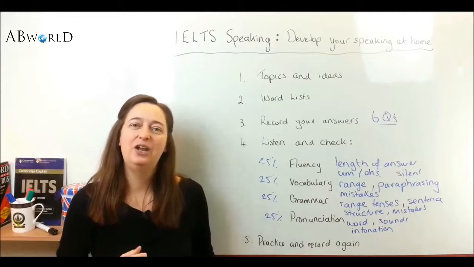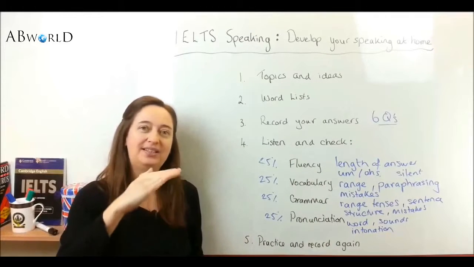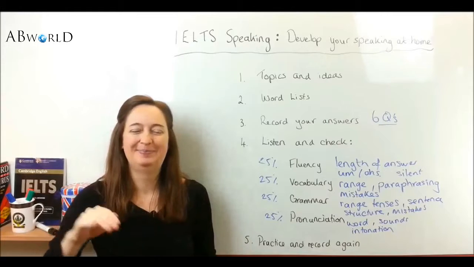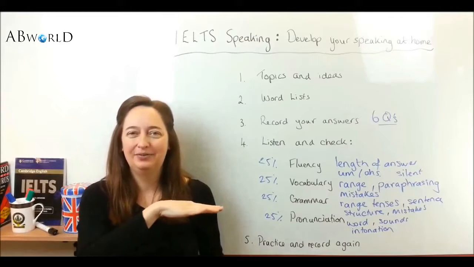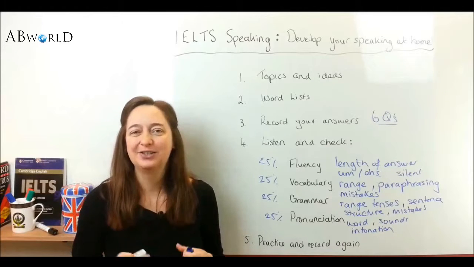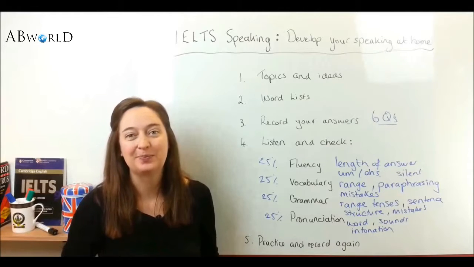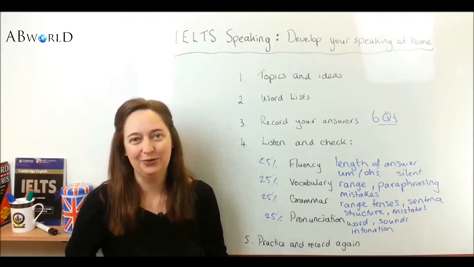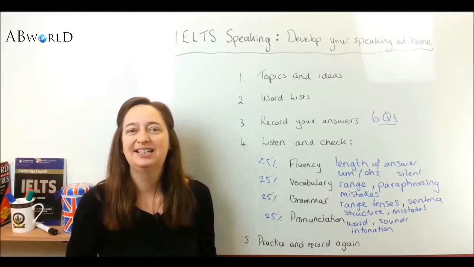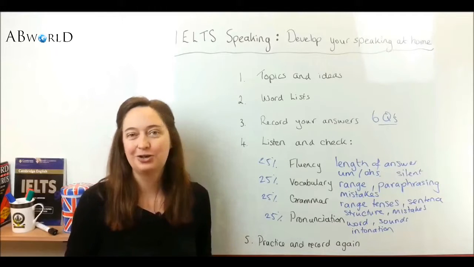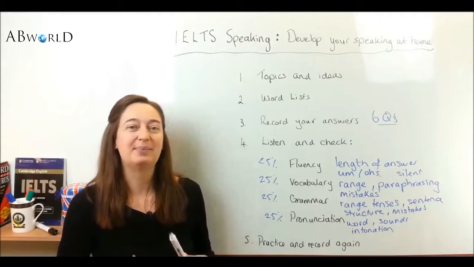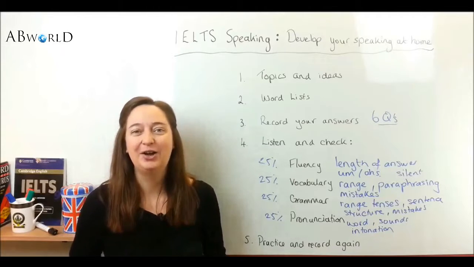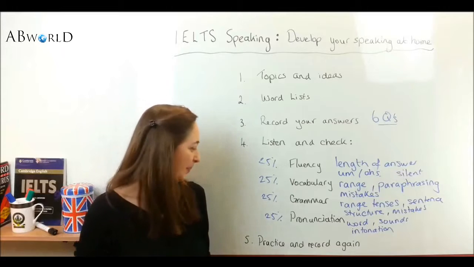Intonation is if your voice is going up and down, or if you are speaking like this. If you're speaking very flat, this is not good for your band score. You need to learn to use intonation in your voice. We often use intonation to make something more interesting or to show when something is important. So you can practice that at home and try to improve it.